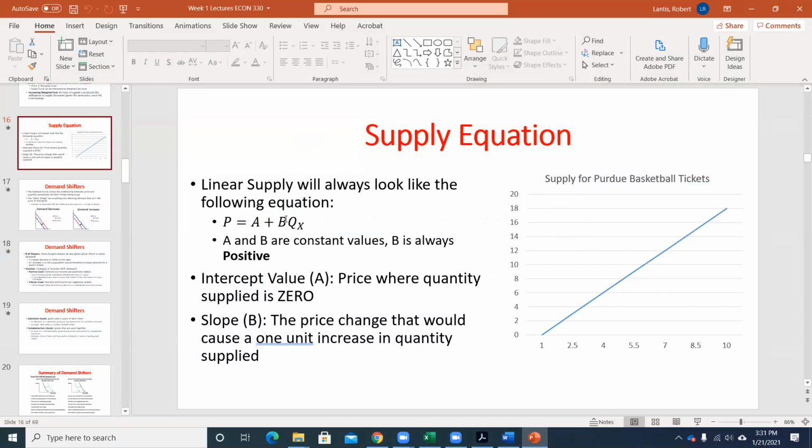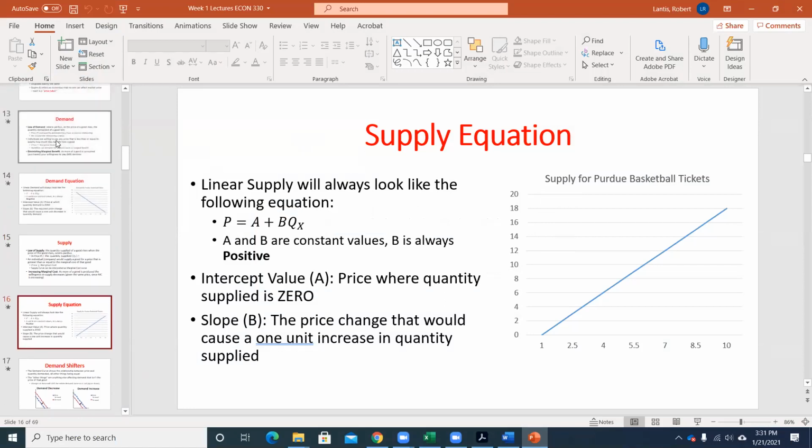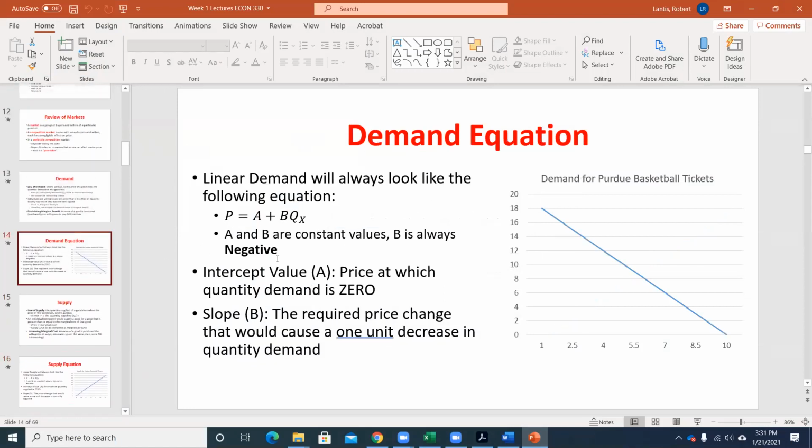That was what our slope was telling us, as well as the relationship between price and the quantity demanded, okay?